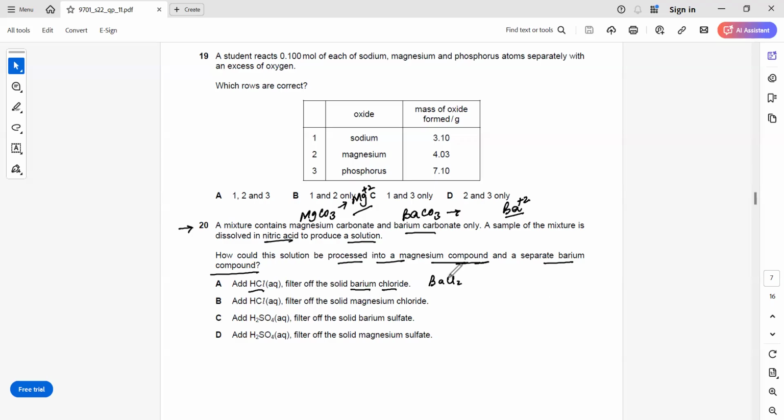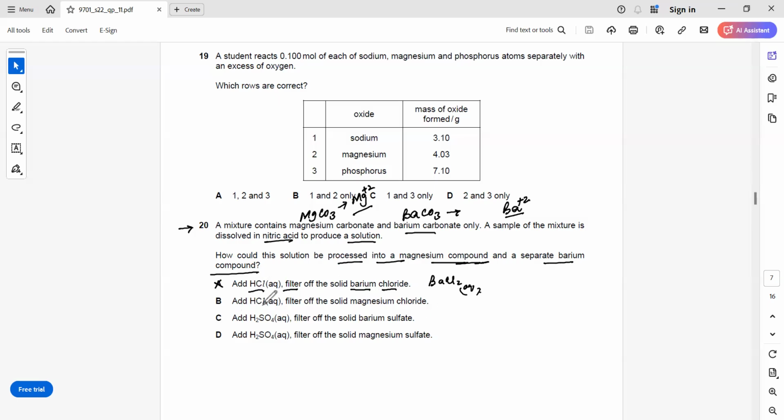So barium chloride is aqueous, soluble, and we cannot filter it off, isn't it? So option A is incorrect because it is soluble.